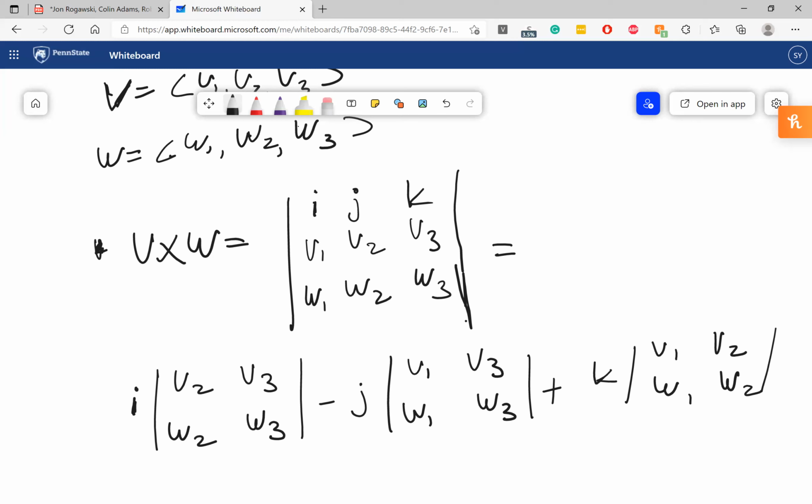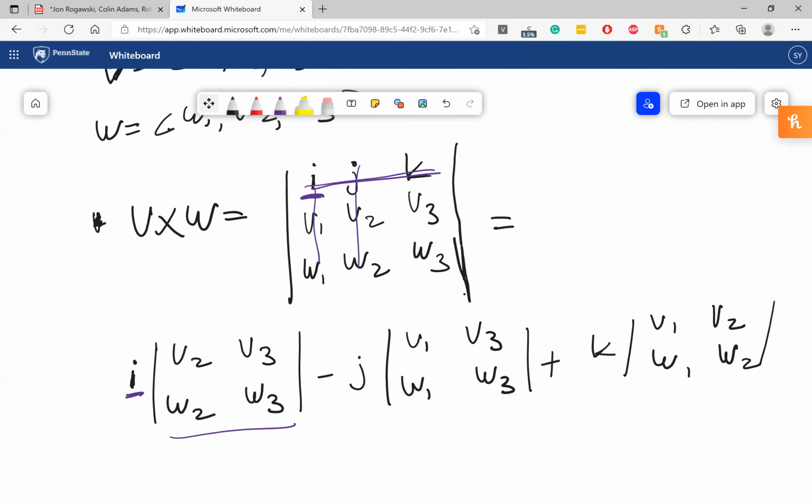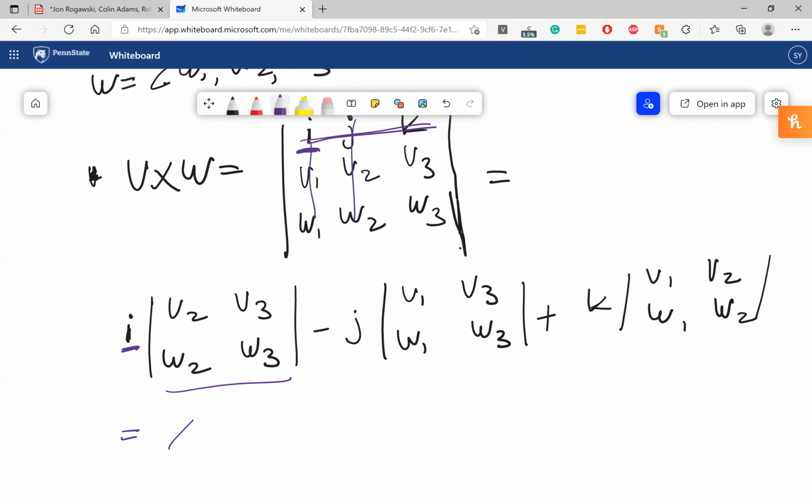Any questions? So you're doing the same thing that we did before. You go to the first component, you put that here, you erase the 2 lines, and then you put the resulting matrix here, and you take its determinant. Go to the next one, minus j, and you erase these 2 lines, and then you get v1, v3, w1, w3. And then in the last step, let me write this in component form.